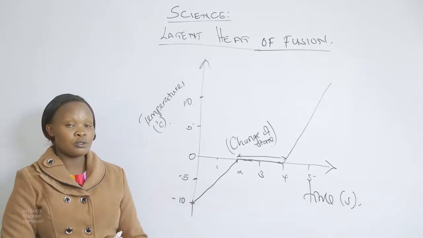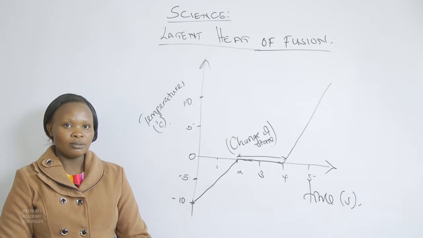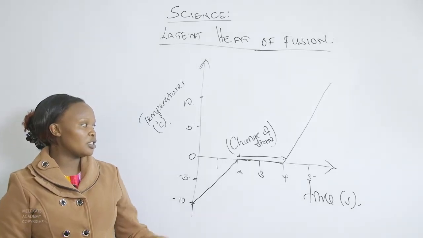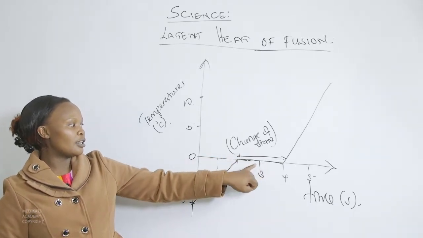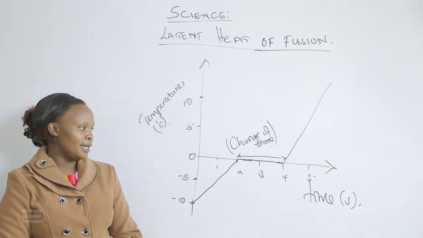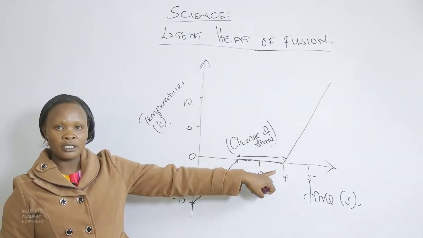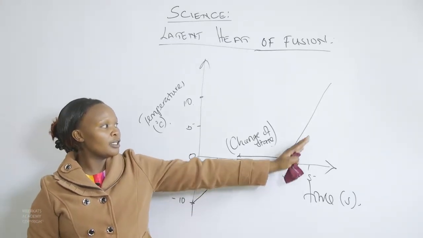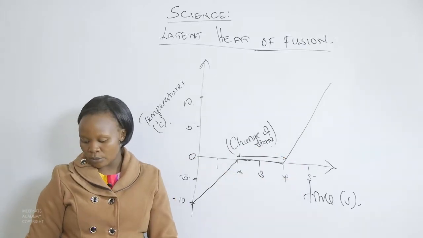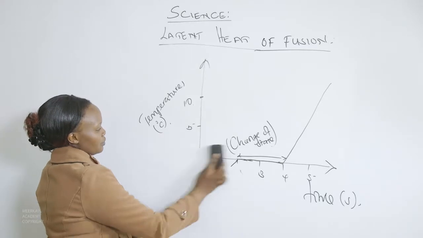It's actually absorbed, but there is no change in temperature simply because we are changing state, and the heat involved is what we call the latent heat. And after all the ice has melted, we again follow the normal temperature rise curve.